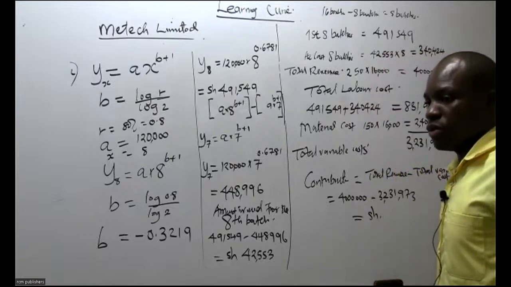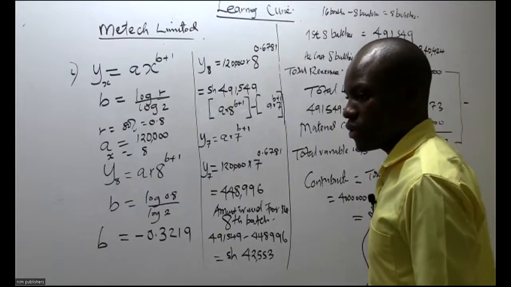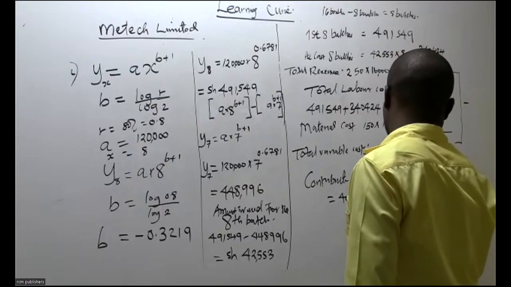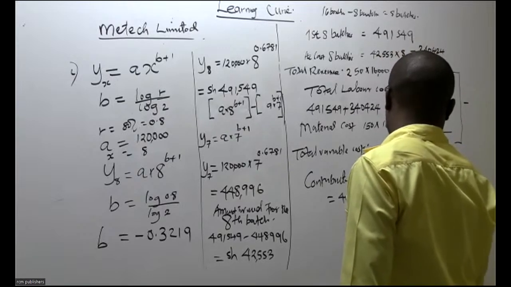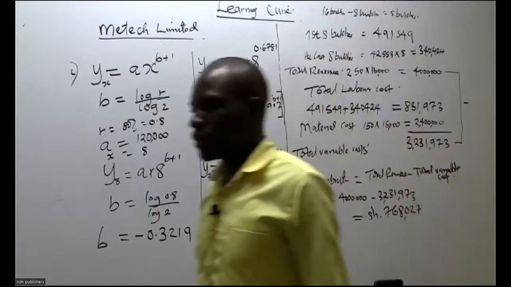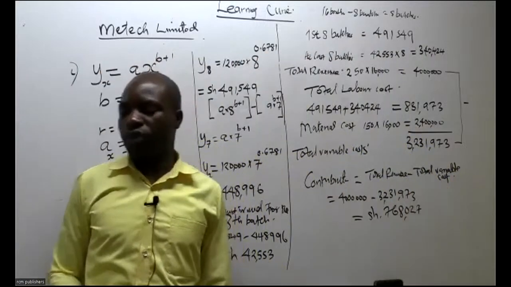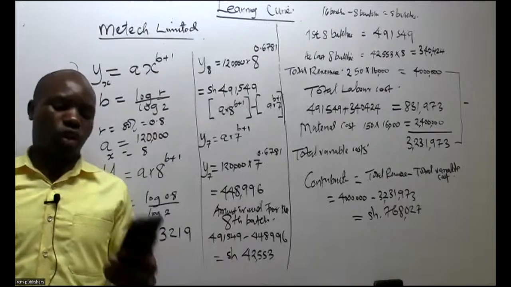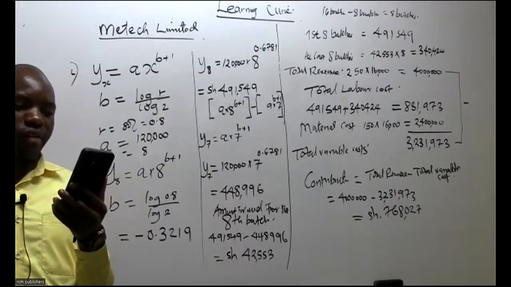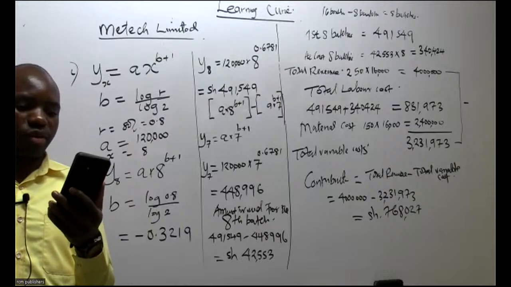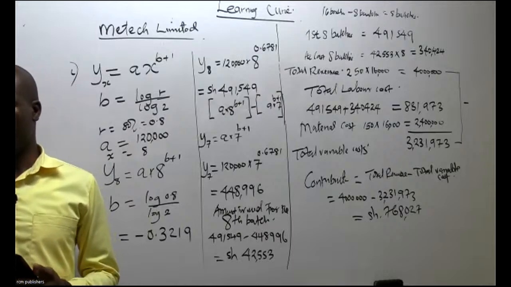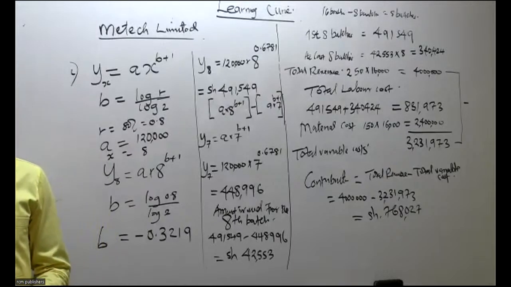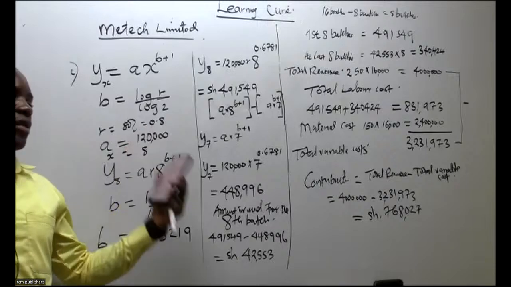What is our contribution? 768,027. That is what you are supposed to do for you to be able to get those free marks that we were given down there.